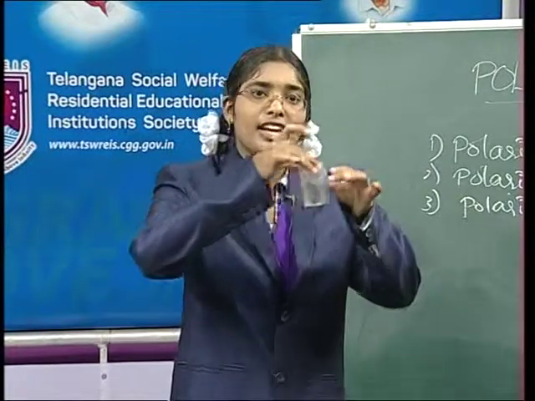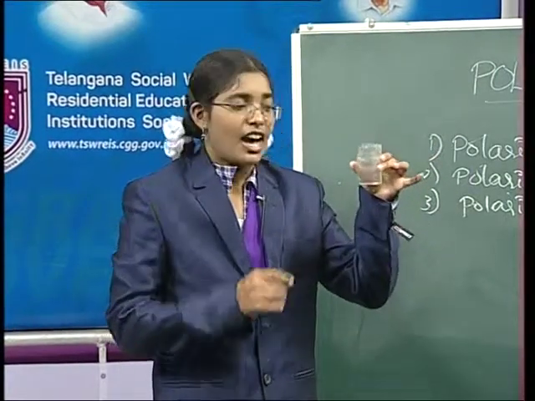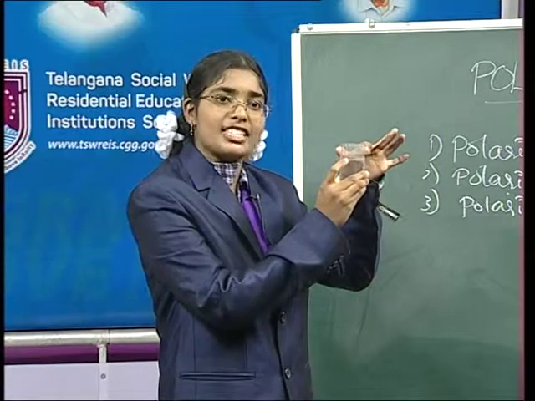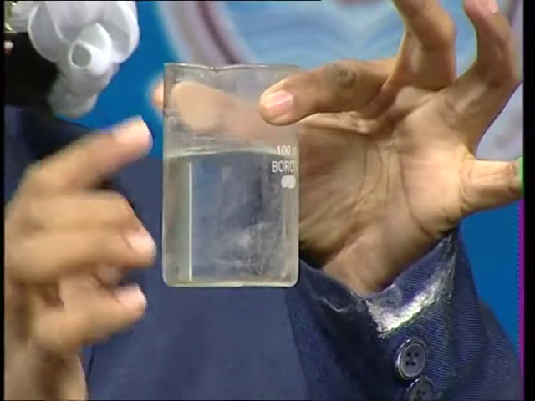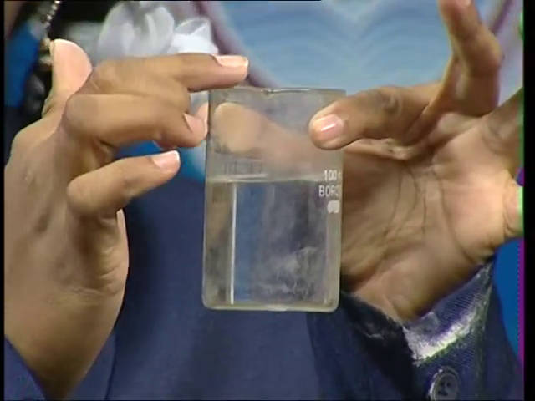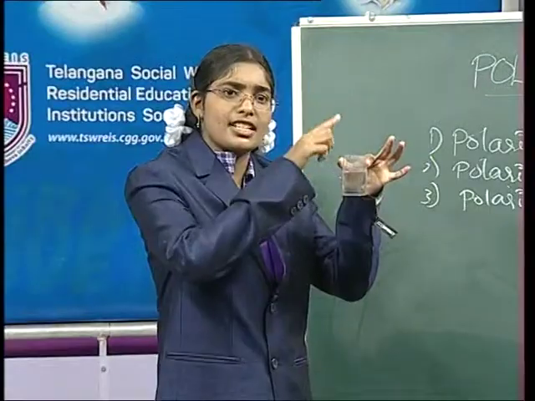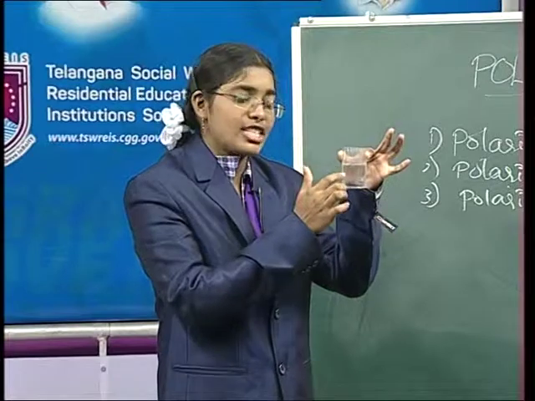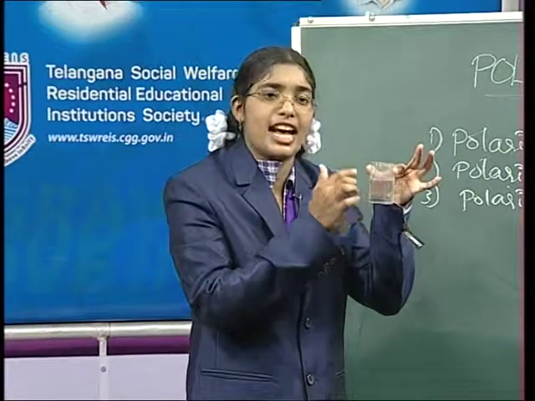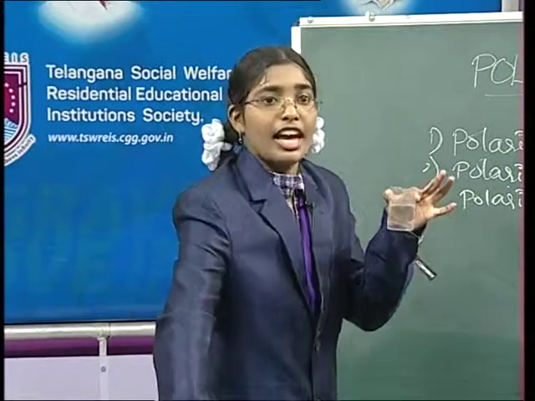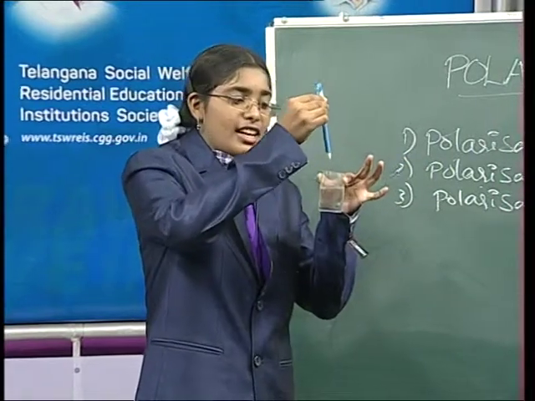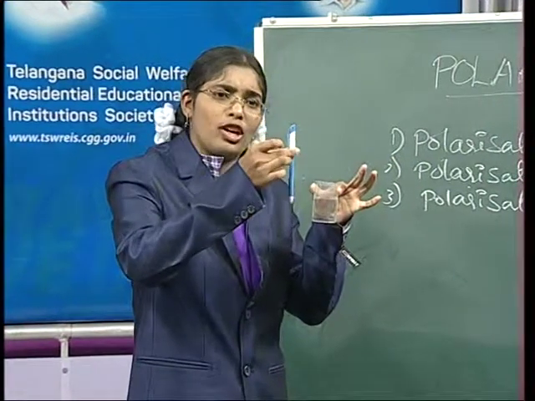See, here in a beaker, half of the beaker is taken by water. This is air media, all covered with air, whereas this water is a denser media. It is the other media. How does this pen look?